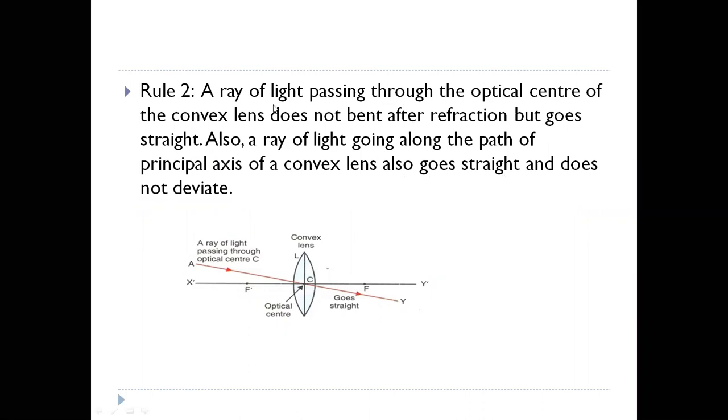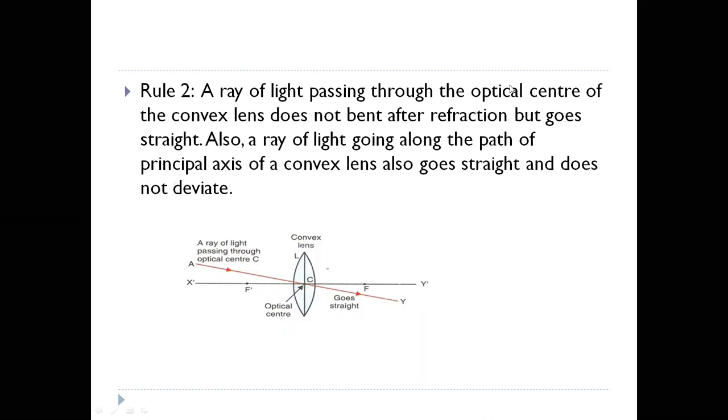This is the optical center, and any ray of light which passes through the optical center will not deviate. So this is the second rule.